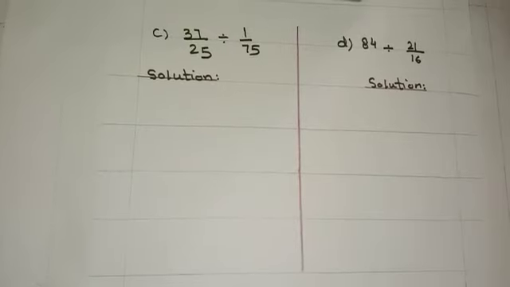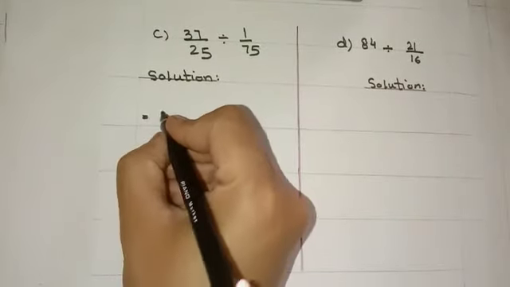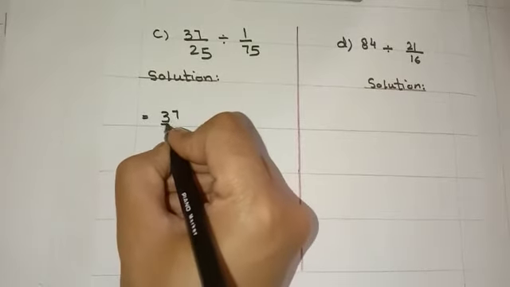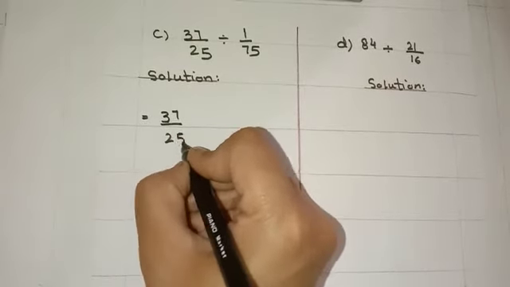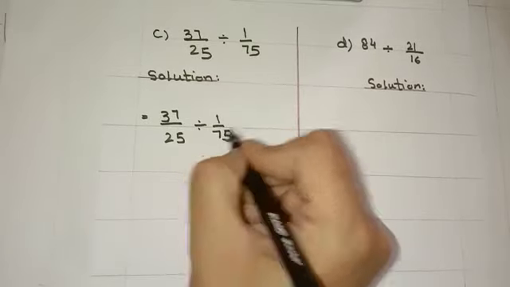C part is 37 over 25 divided by 1 over 75. As these fractions are complete, we don't need to add an extra 1 in it. 1 over 75.